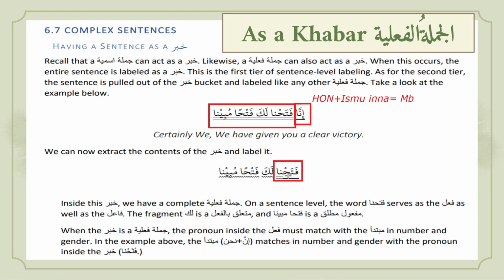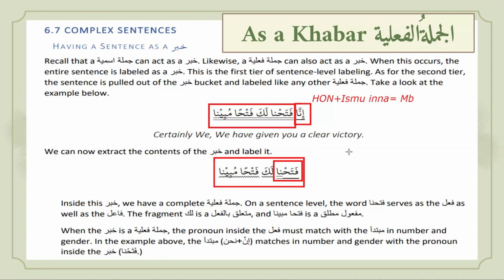Fatahna: fatah is past tense, na is the doer, nahnu; laka is mutaliq bil fail; and fathan is maful mutlaq, coming as emphasis; mubinan is coming as a sifa. So this whole jumla failure is coming as khabar of inna. Certainly we have given you a clear victory.